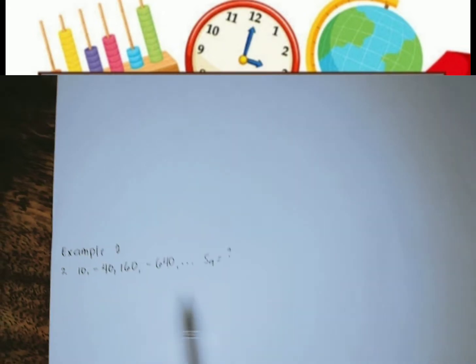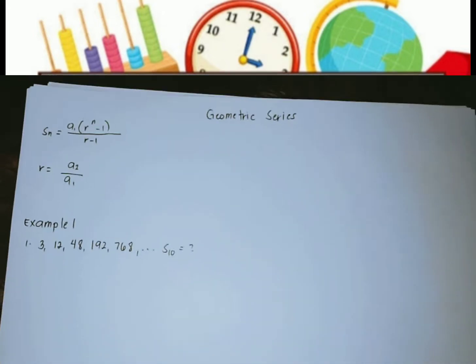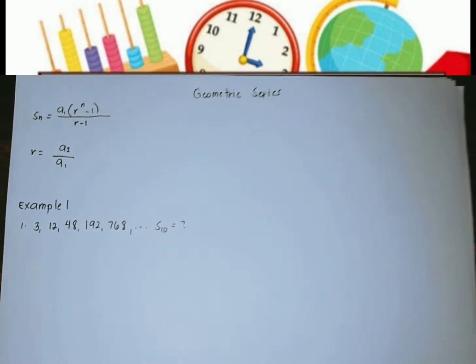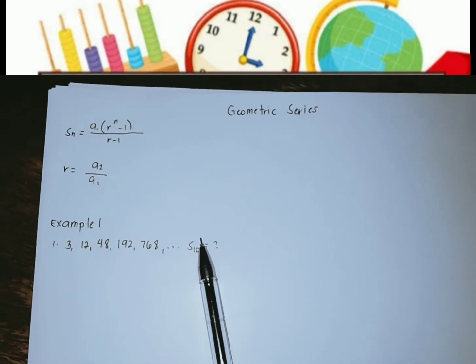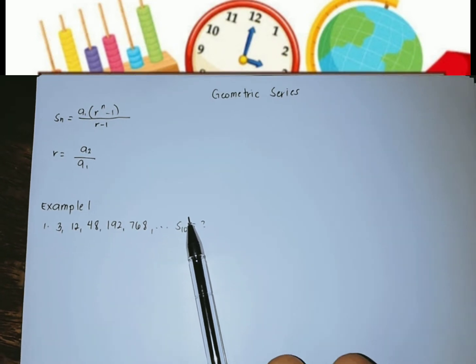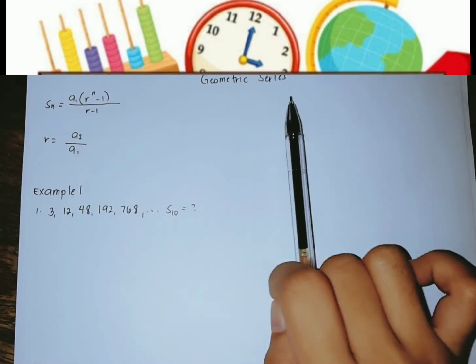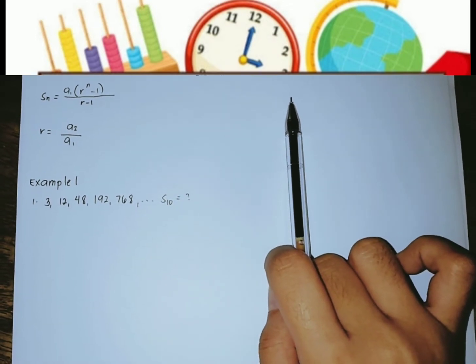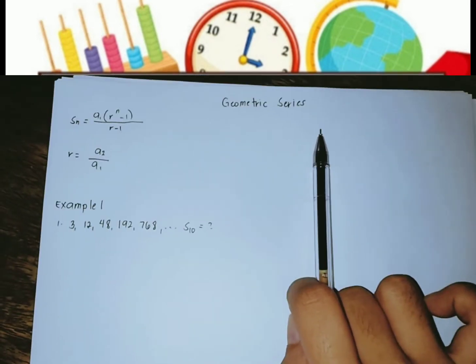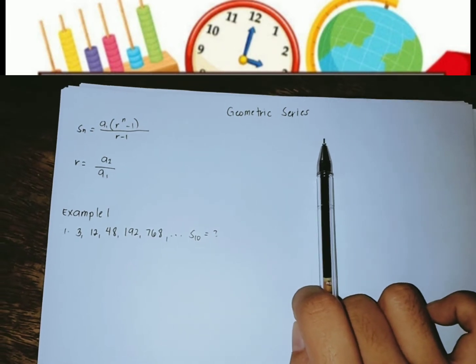Now we are going to solve example number 1, but before that, always remember that a geometric series is the sum of an infinite number of terms that have a constant ratio between successive terms.